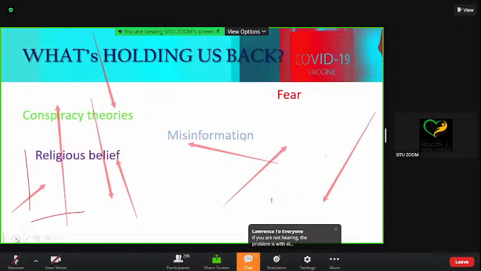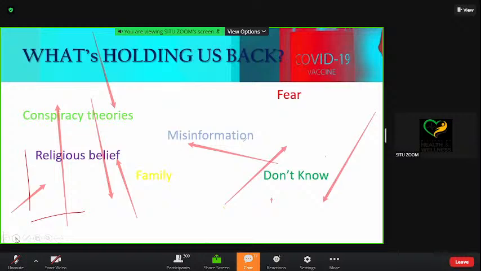There are persons that have some religious beliefs that are holding them back. And really, it's just to have that conversation so that they can understand what we're trying to do. Now, some persons don't even know why they don't want the vaccine. They really have no rhyme or reason as to why.